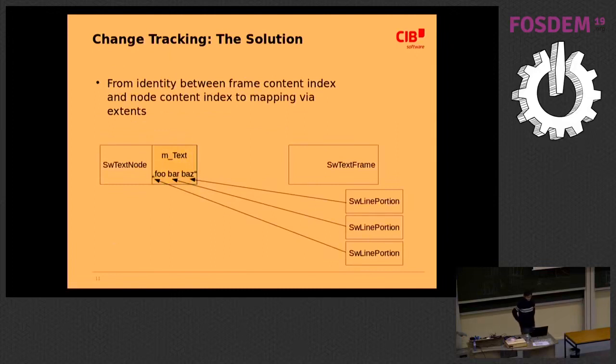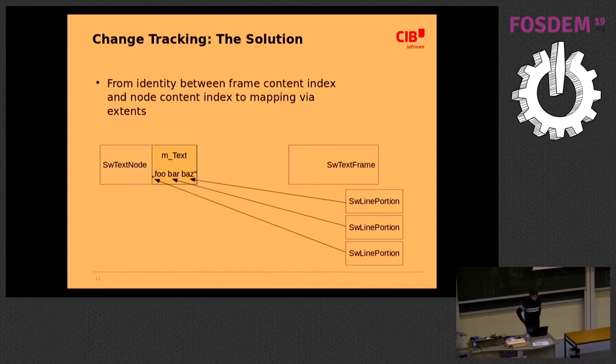Also, the reason why this is some effort to change is that there were previously two invariants that are now invalid. Previously, if you had an index into the text frame, then that is a one-to-one index into the document model SwTextNode.